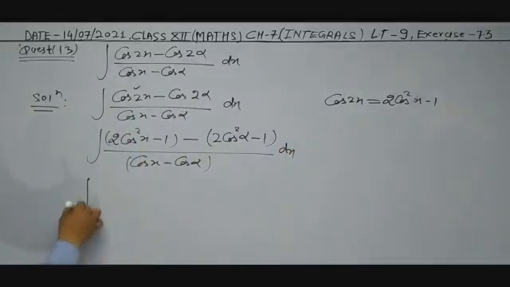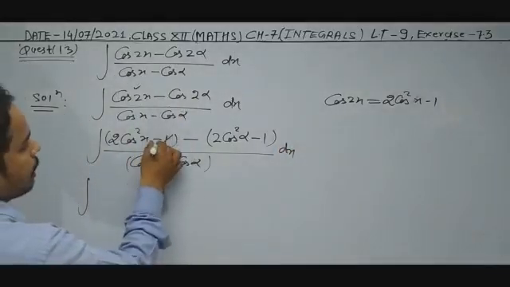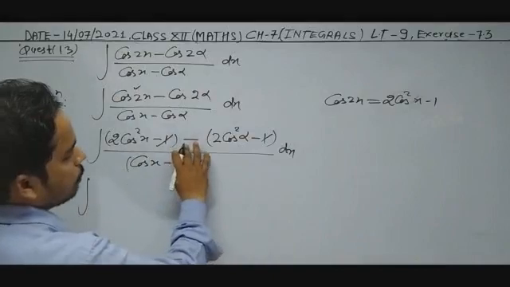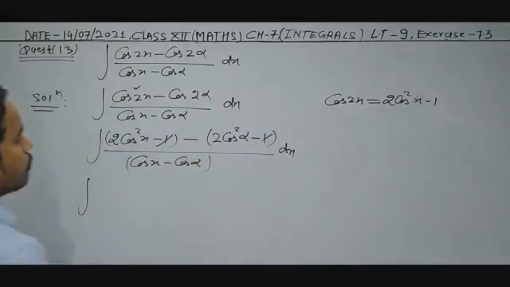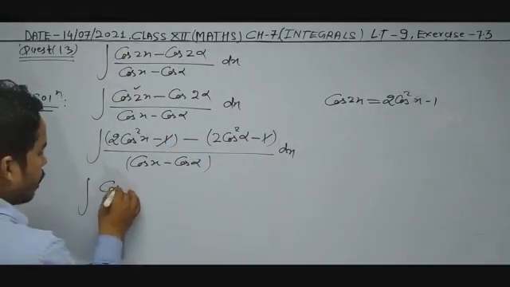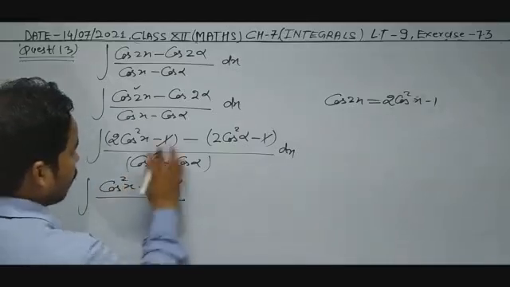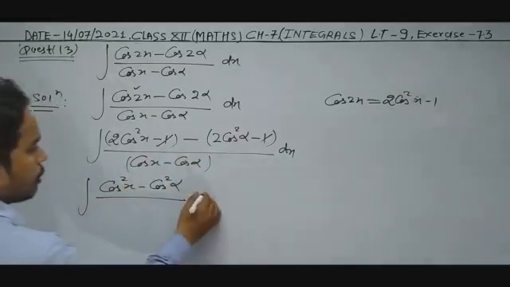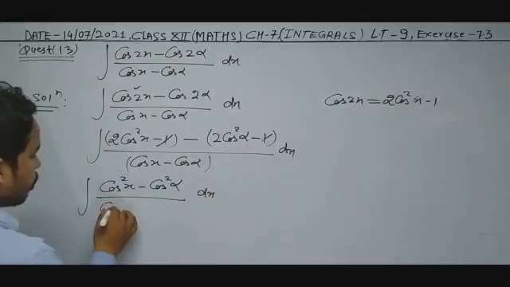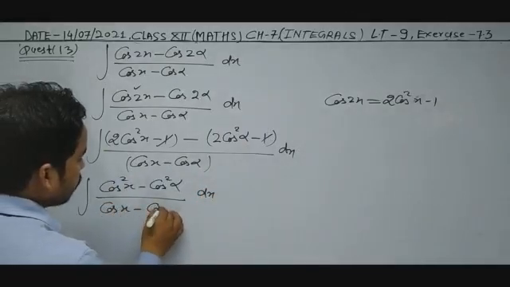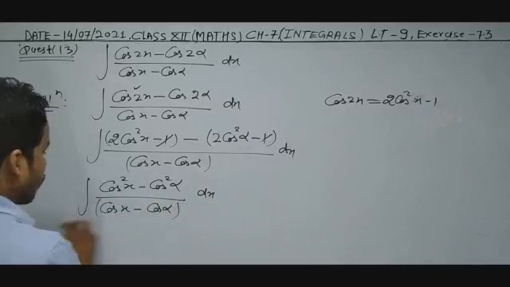Now this minus 1 and this plus 1 will cancel out. When you open the bracket, this will be a plus sign, so this will cancel out, and the result will be cos square x minus cos square alpha. Plus 1 minus 1 will cancel out. dx whole upon cos x minus cos alpha.